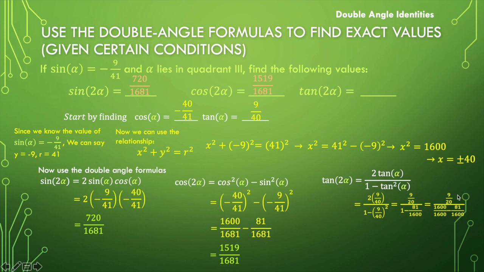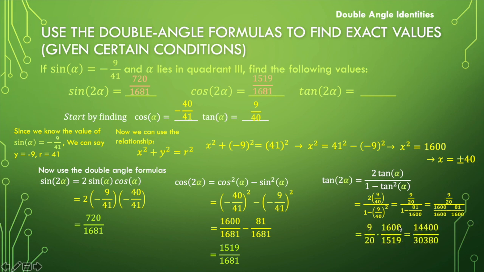So I have 9 divided by 20, all divided by 1519 over 1600. So remember that complex fraction bit, we're going to keep the numerator, change this into multiplication, and then multiply by the reciprocal here.